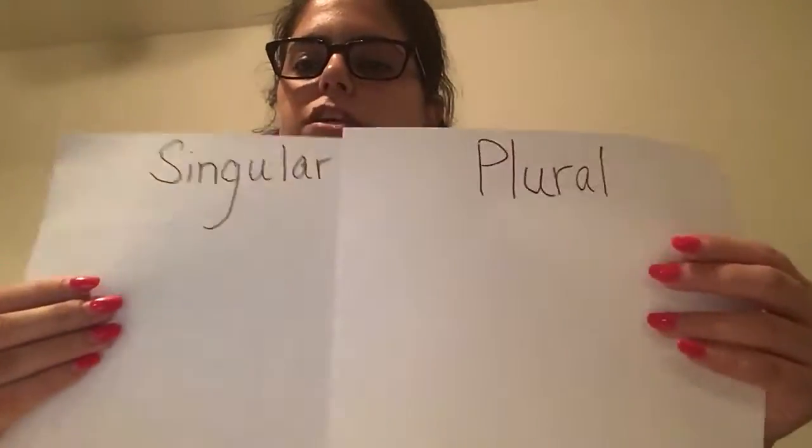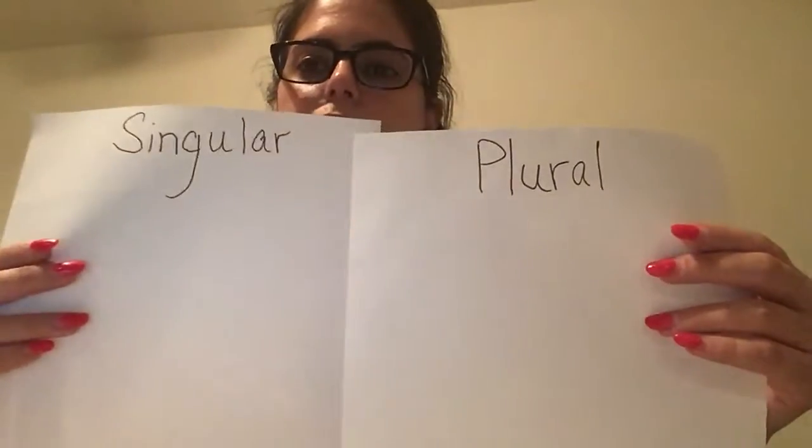And for the students that did not get the concept and need more examples, or I need to reteach the lesson for them, what I'm going to do is gather these students at my table and have a small activity for them. I will provide these two sheets, one of them has the singular and this is plural, and these are my sticky notes.